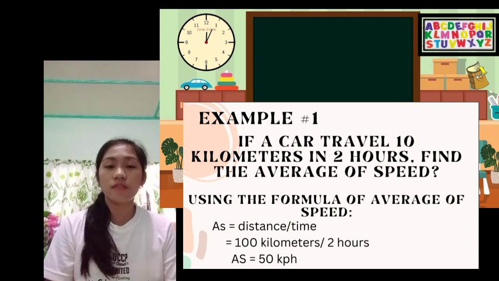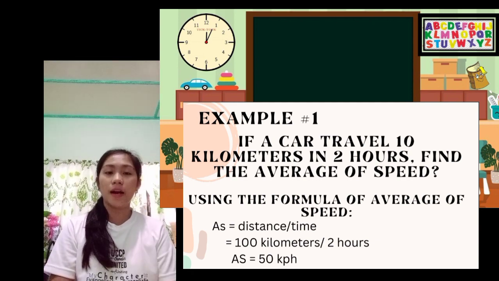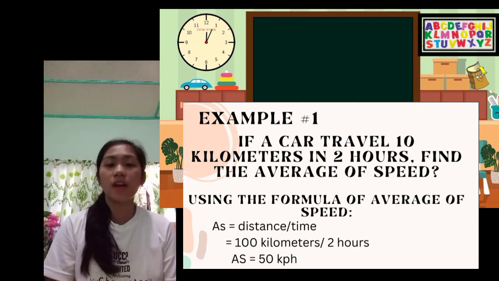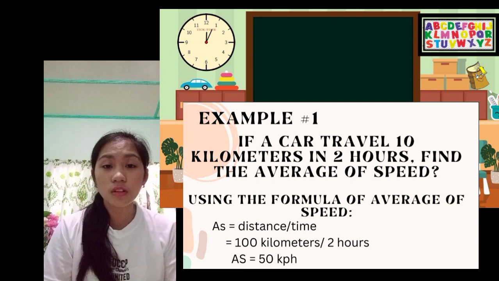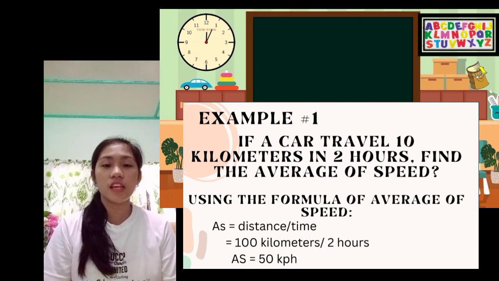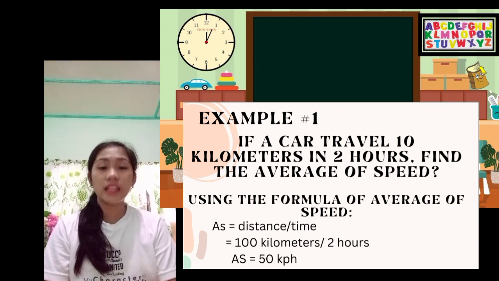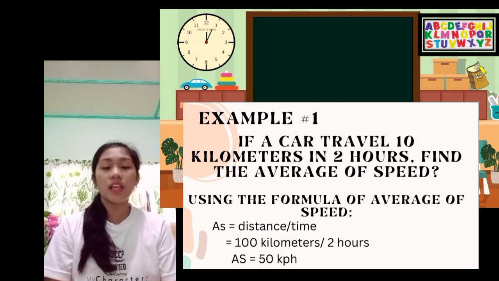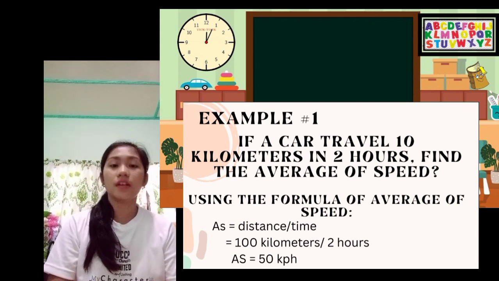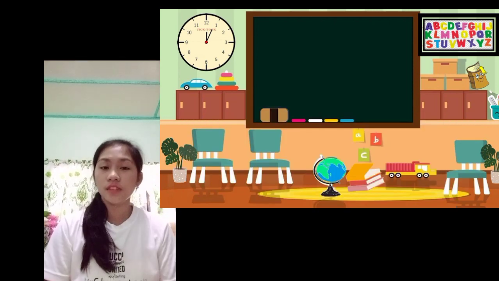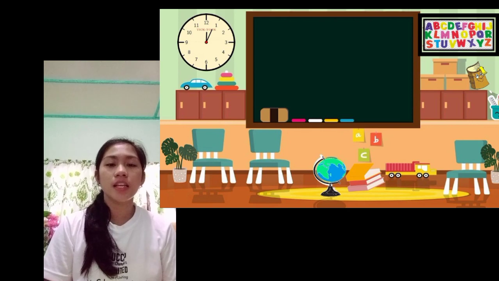So we divide 100 by 2. 100 divided by 2 equals, very good, 50. So our average speed here is 50 kilometers per hour. Very good. Do you understand, class? Very good.